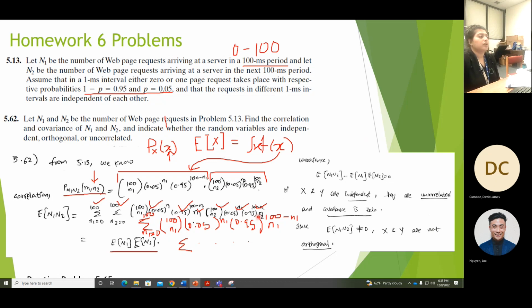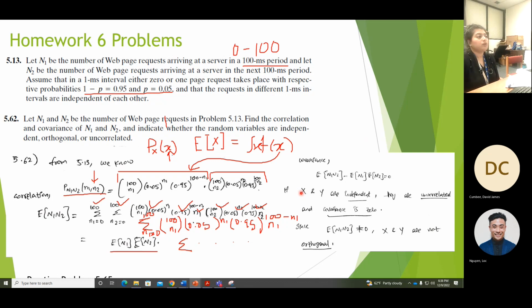If the joint expected value comes out to be zero, then it's orthogonal. If it comes out to be some number which can be separated out into the individual means, then and only then it's independent. And of course they are uncorrelated, because if the covariance is zero, then it's uncorrelated. So that's the conclusion we have from this specific final exam point.